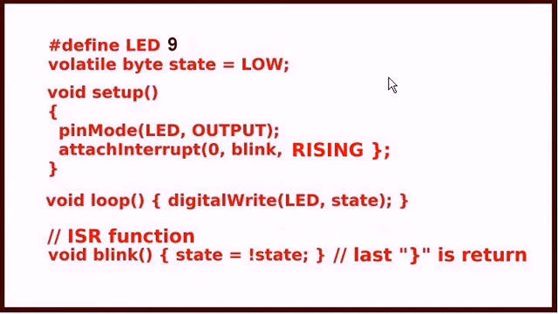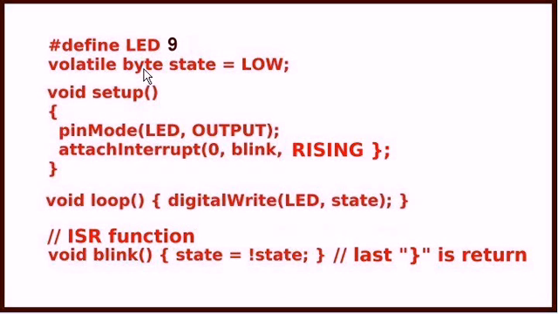Let's look at our first very basic interrupt program. I've defined LED as being on pin 9, and I have a variable, volatile byte state equals LOW. This is something we need to keep in mind for using interrupts.